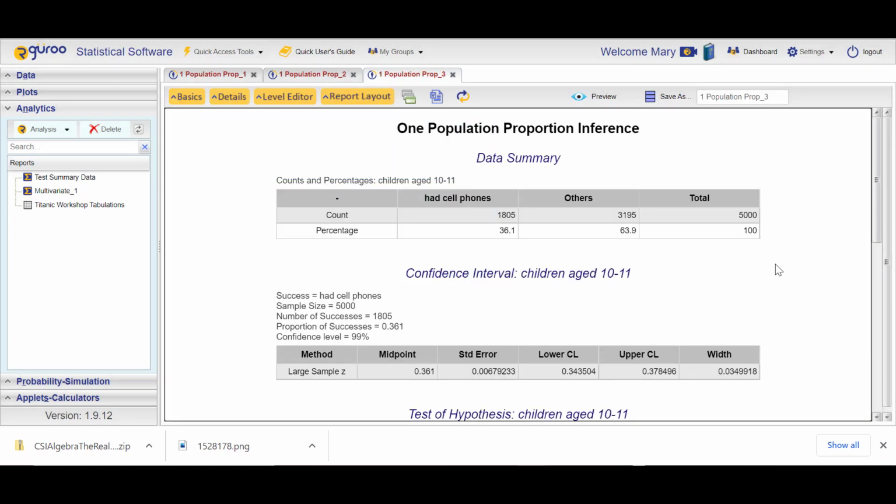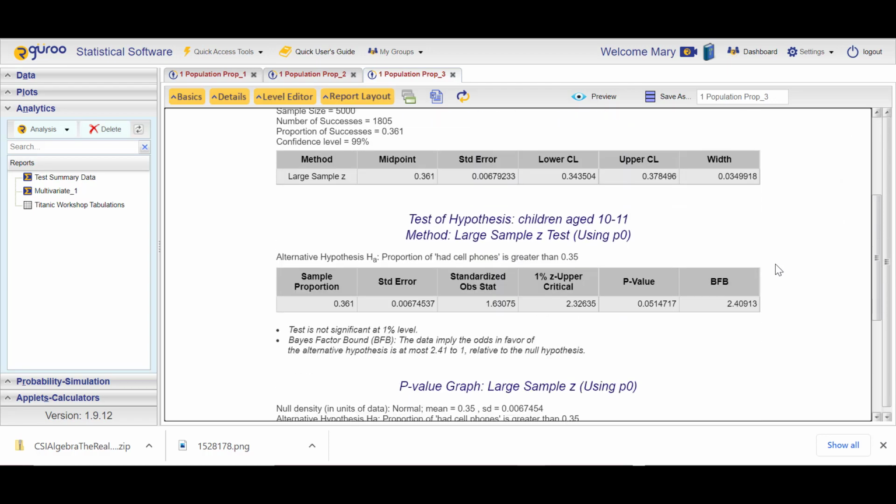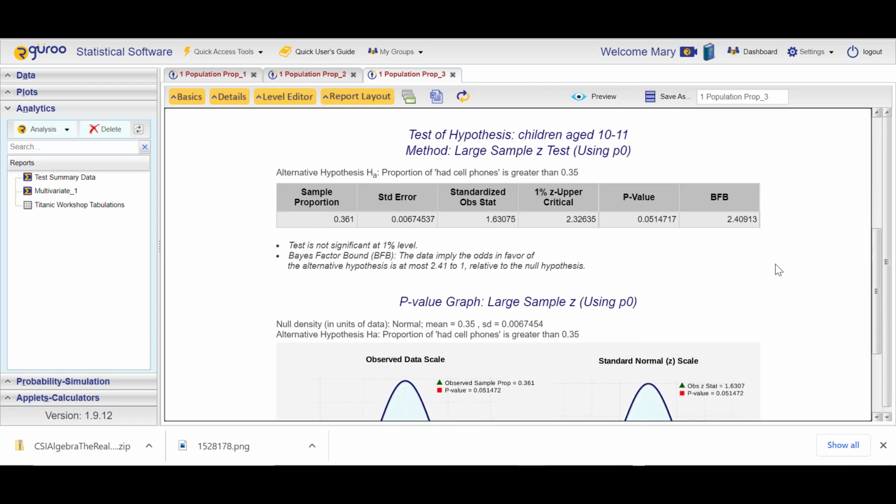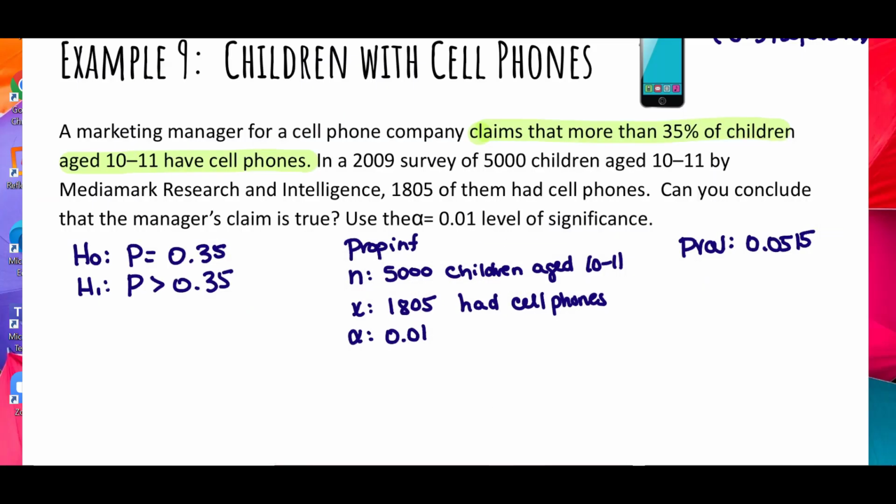All right. And the lower and upper boundary for the confidence level is 0.3435 to 0.3784. All right, and the p-value is 0.0515. Okay.